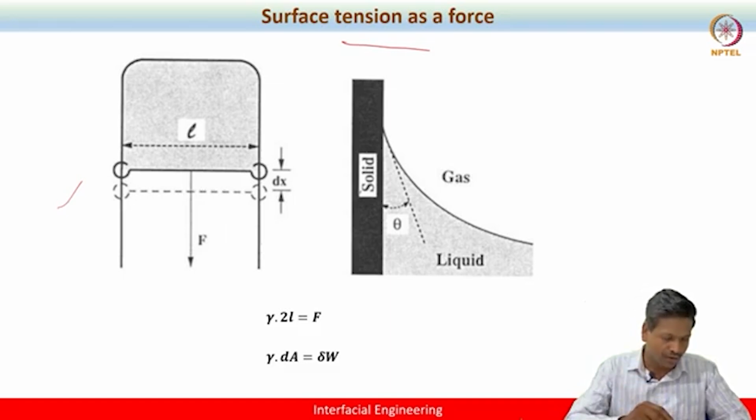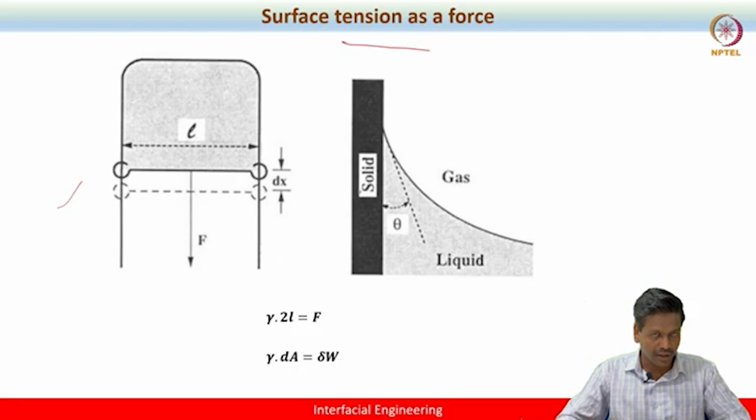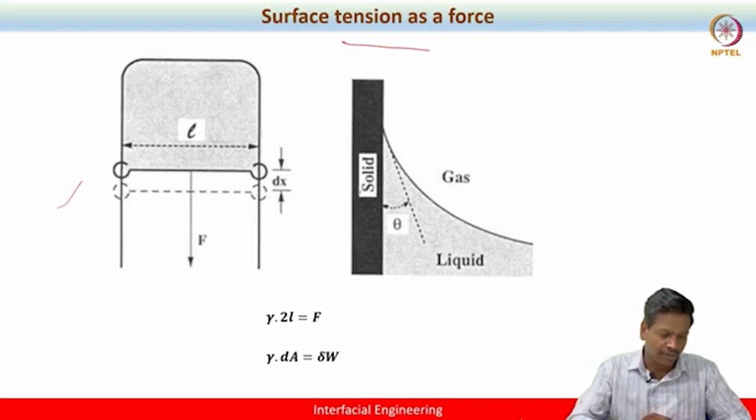So here, the insight that we will get from this schematic is how surface tension acts. As I told earlier in the previous lecture, surface tension is related to the work done by the system. Let's say we have a container which is filled with water in this case.